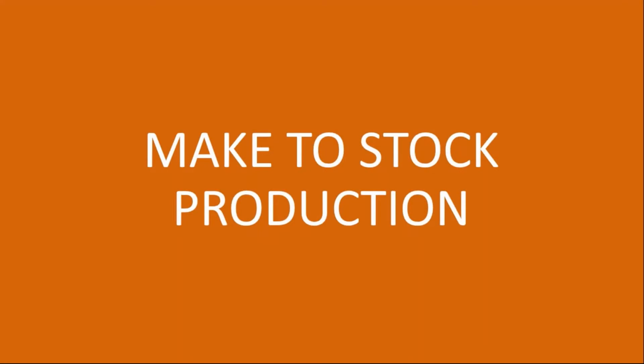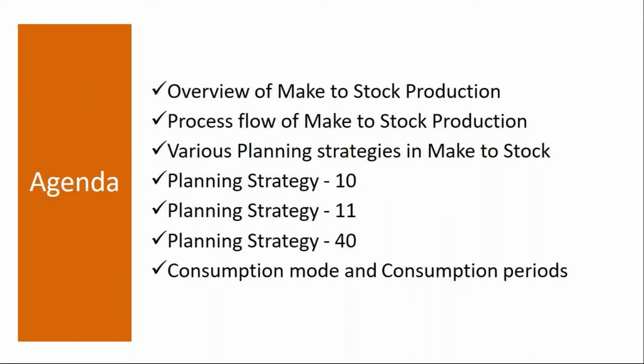So we'll be starting our next topic, that is make to stock production. The topics that we are going to cover: we will see an overview of make to stock production, the process flow and the basic process of make to stock production, and various planning strategies in make to stock.